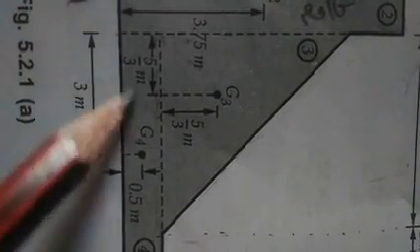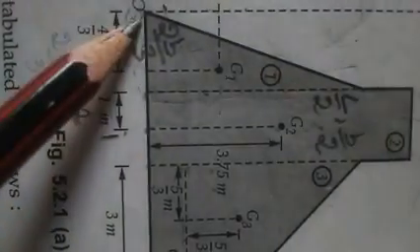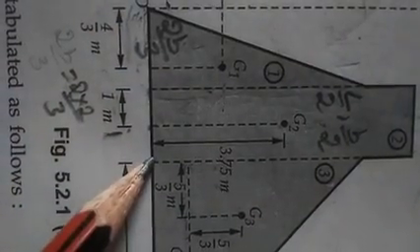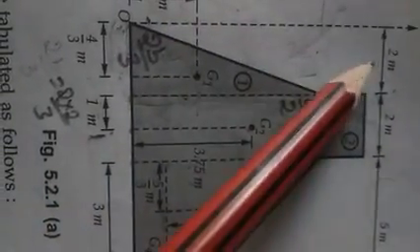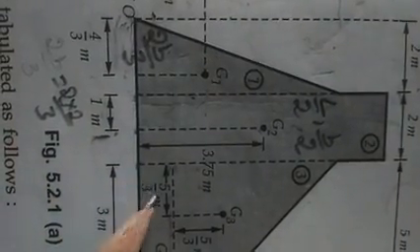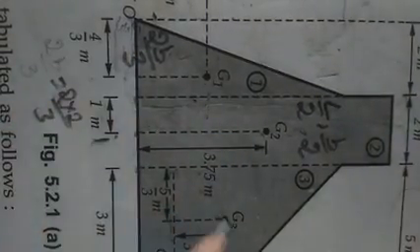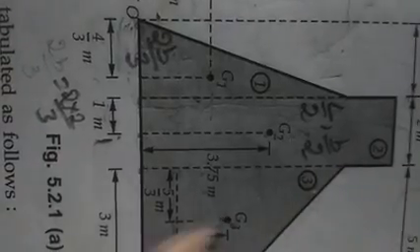The reason is, from O to this length, we know it has been given from 0 to this length as 4. The centroid from here to here we need to find. The distance from 0 to here we have to find. How do we find it? It means x comma y.